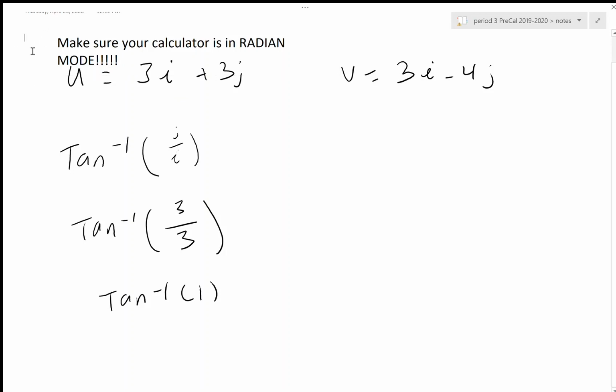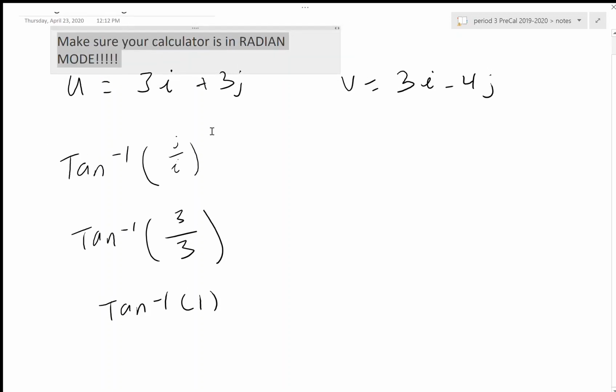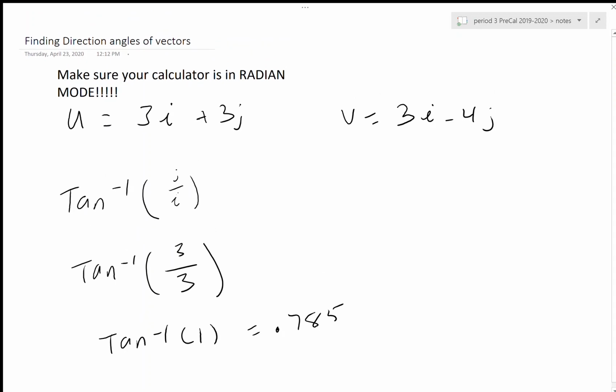And again, that's when you press second mode and change it to radian. Second tangent, 3 divided by 3 is 1, and it gives me 0.785.